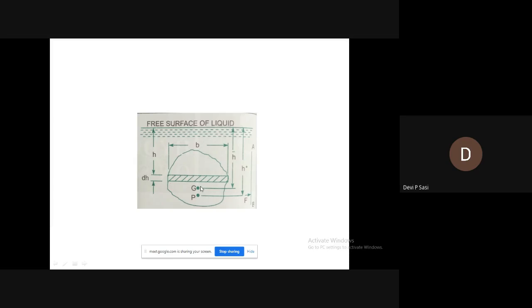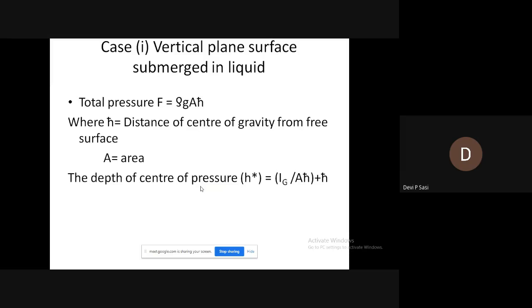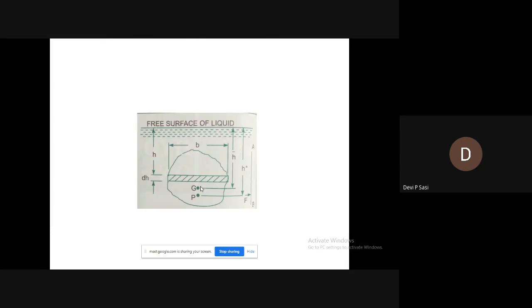The distance between them is termed as h bar. And A is the area.